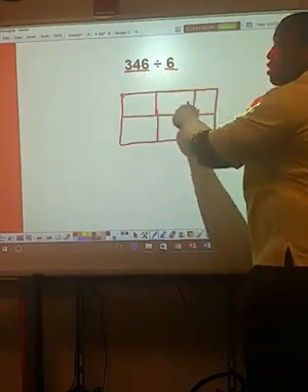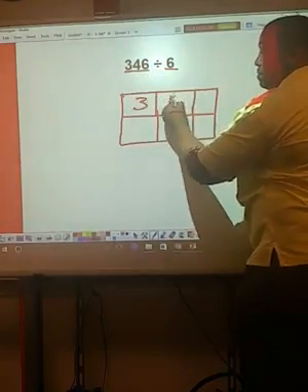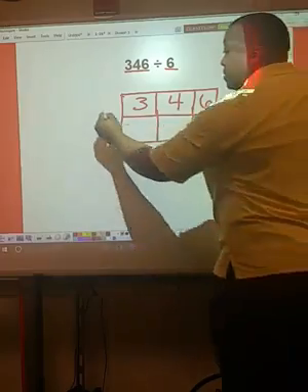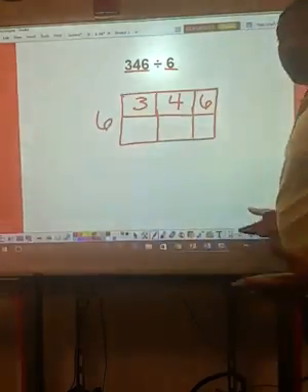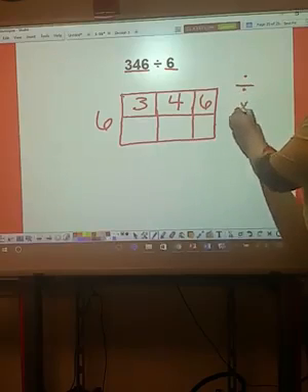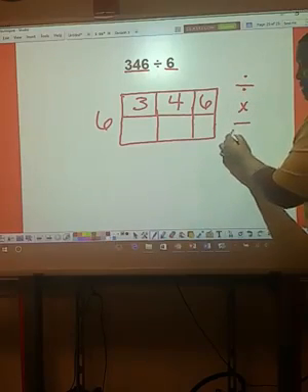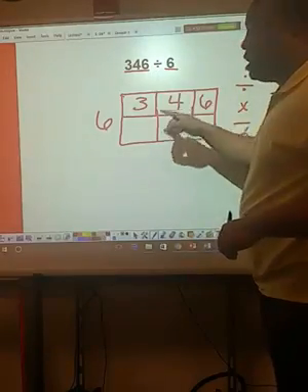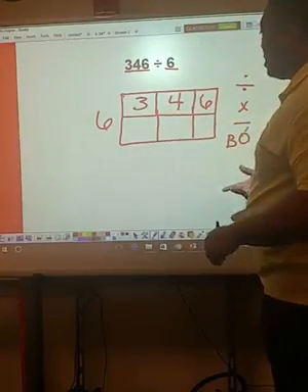My dividend goes in these boxes, and my divisor goes on the side. We write our steps down the same. And this time I tell them to say, bring over, because you're going to bring the number over instead of bringing down.